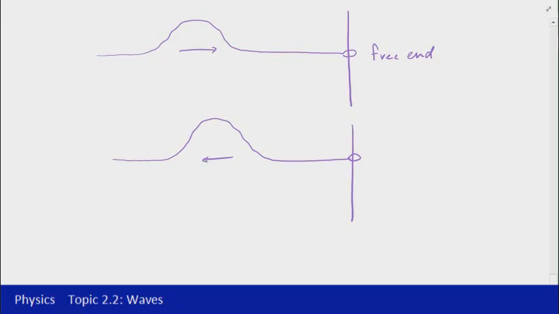Now in this case, the reflected wave is upright, because the free end is able to move as the wave approaches.